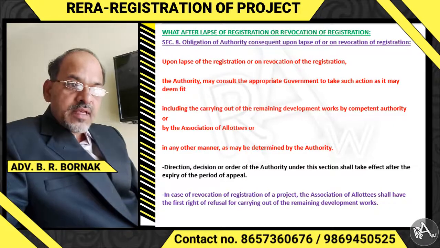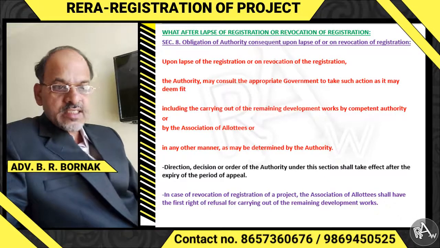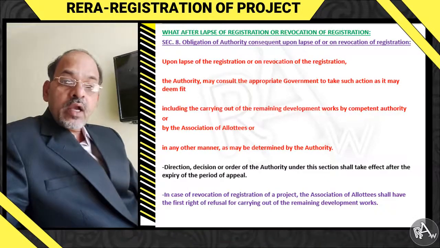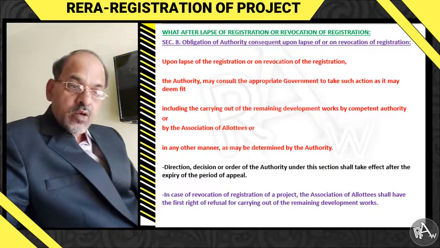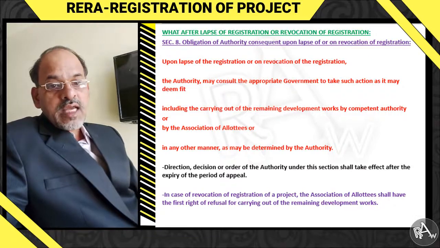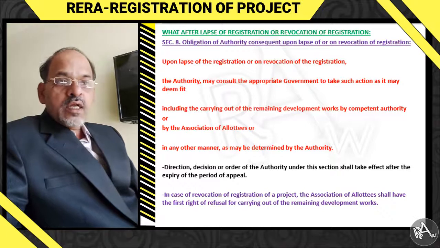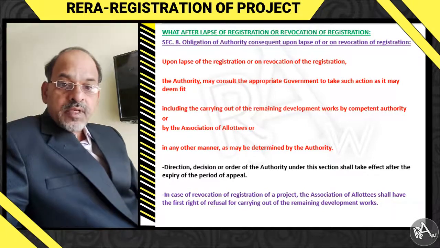Means the first option is given to the association of allottees to carry out the remaining development works. This is as per section 8, after revocation or lapse of registration.